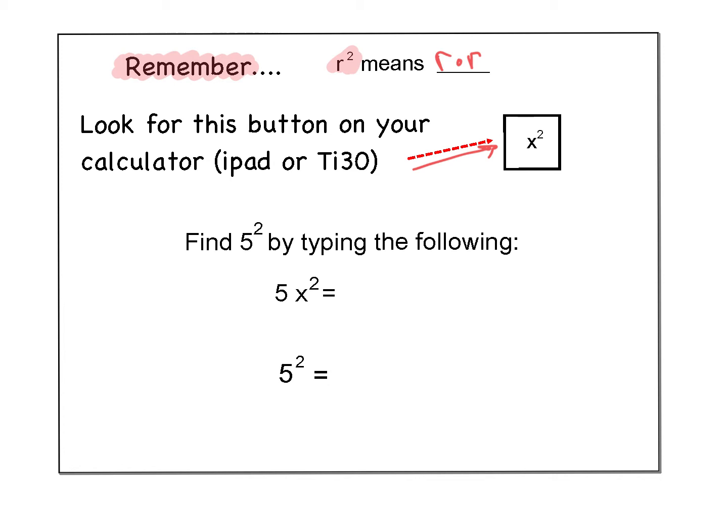These are the different keys, and actually probably what I should do is have shown you with little squares, but you'll hit the 5 button, that's one button, and then the X squared button, and then the equal sign button. Each of those are different buttons. And so we find out that 5 squared is 25. So when you do that, you should have gotten 25.